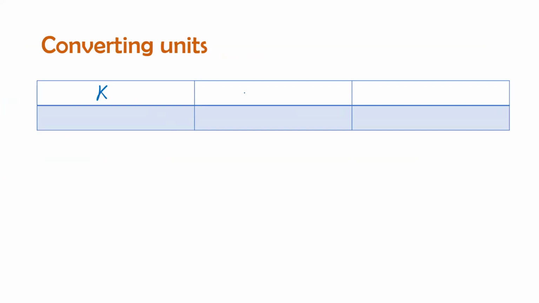Here I'm going to write 1000, here I'm not going to write anything, and here I'm going to write 100.